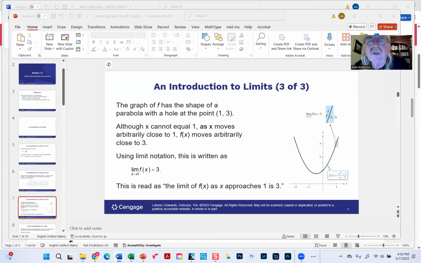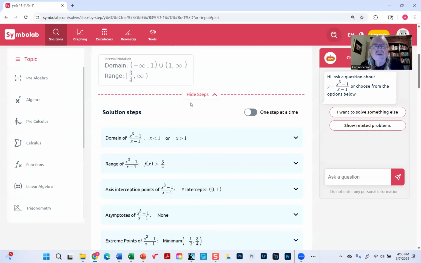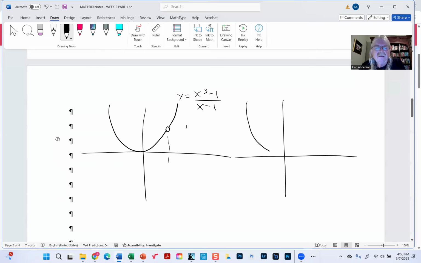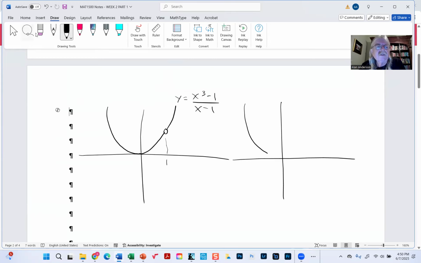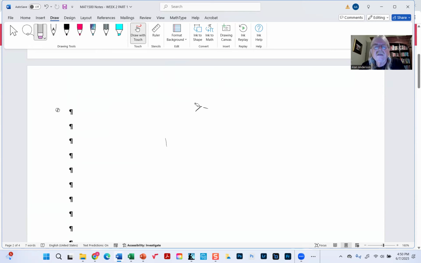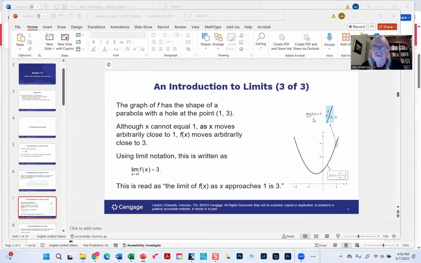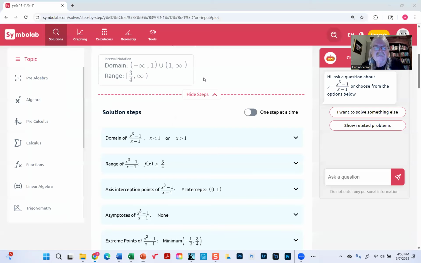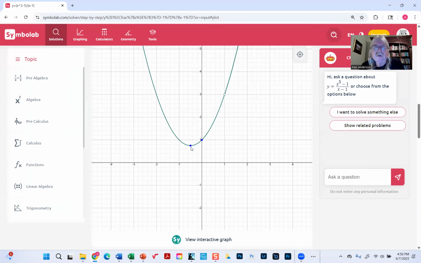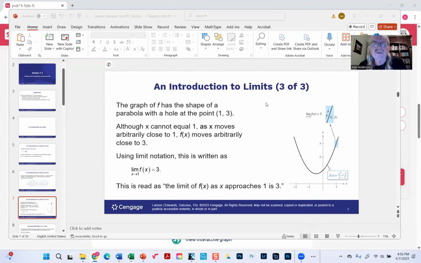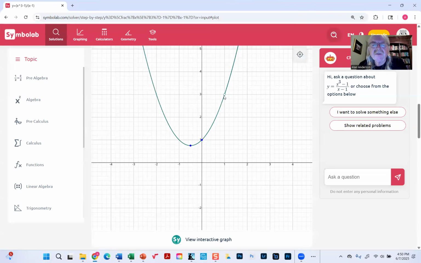I'm just not positive I did that correctly. Yeah, it should have been up a little higher. Let me move this up just a little. No, I can't do that. All right, I'll just start it all over again. I just realized it isn't quite correct. Let's go back to Symbolab for a second. Yeah, the intercept is right here. All right, and it cuts through the axis at 1. So let me make sure that the same thing happens here.